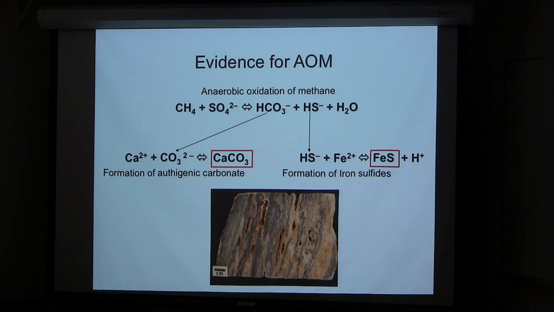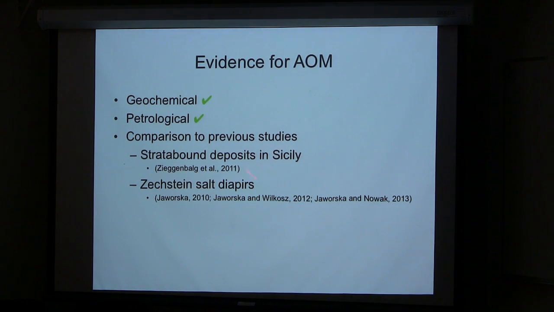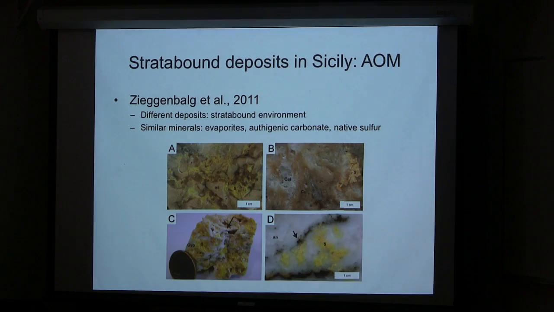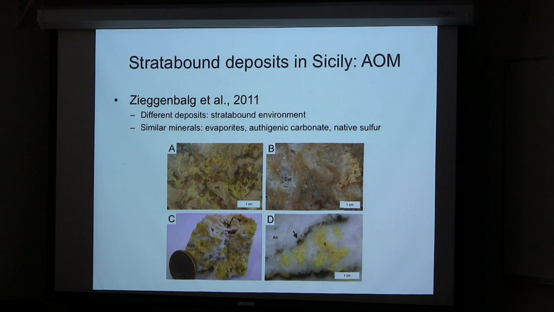And then we also, when comparing this study to previous work done in similar geologic environments, first we're looking at a study by Ziegenbalg and authors in 2011 on these stratabound deposits in Sicily. And although this is a different environmental deposit than the Gulf of Mexico, we still are getting these similar mineral distributions. We get the presence of evaporite minerals as well as authigenic carbonates and native sulfur.